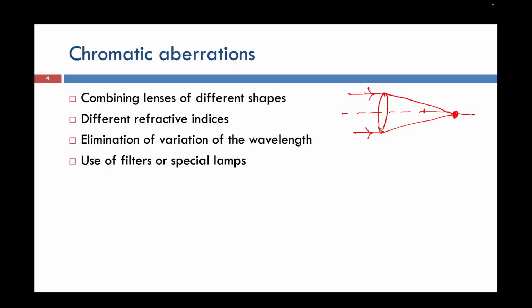Let's say I design another lens in such a way that, for now forget about this term, after being refracted from this one, the red wavelength is going on its own path, but after being refracted from this lens, it comes back to this point, right? Similarly, my blue wavelength was originally supposed to be focused here, but when I put this lens, then after being refracted from here, it will also go to that point.